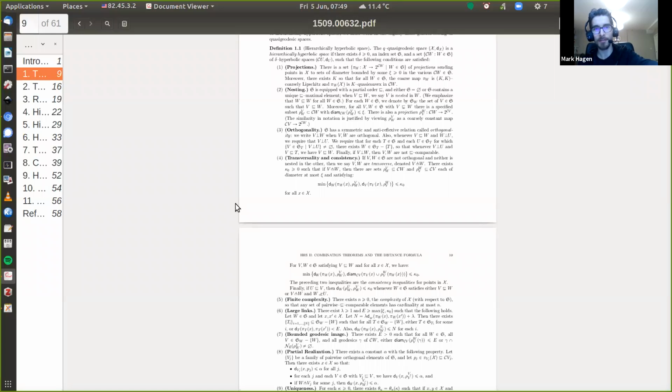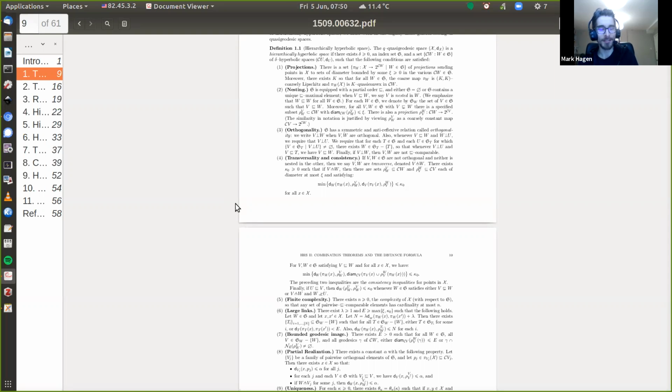It's difficult to verify it because you have to come up with a collection of hyperbolic spaces and then check all these things. And even in the case of the mapping class group, checking many of these axioms, those are big theorems of Masur and Minsky from the late 90s. And you have to understand a lot about the structure of your group usually in order to check that it's hierarchically hyperbolic.